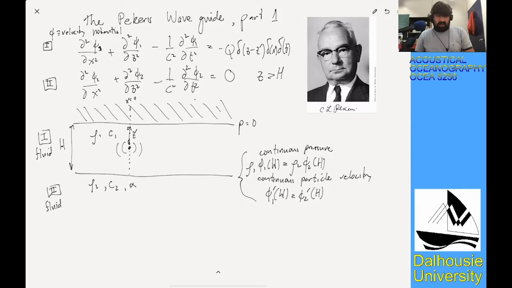So now all we need to do is exactly what we did last lecture. We need to solve these equations. How do we solve these equations? Well, we're going to transform from t to omega. We're going to transform from x, and I'm going to use p as a transform variable.